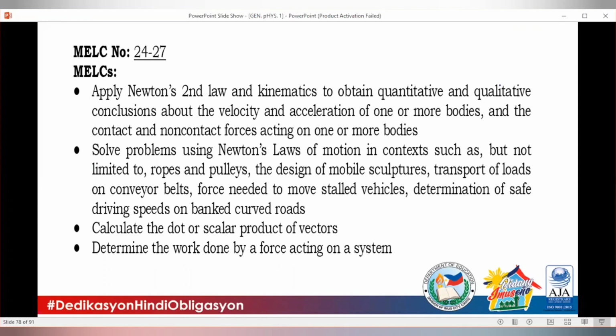Second, solve problems using Newton's laws of motion in contexts such as, but not limited to, ropes and pulleys, the design of mobile sculpture, transport of loads, or conveyors, force needed to move stalled vehicles, determination of safe driving speed and bank curve roads, and then calculate the dot or scalar product of vectors and determine the work done by a force acting on a system.